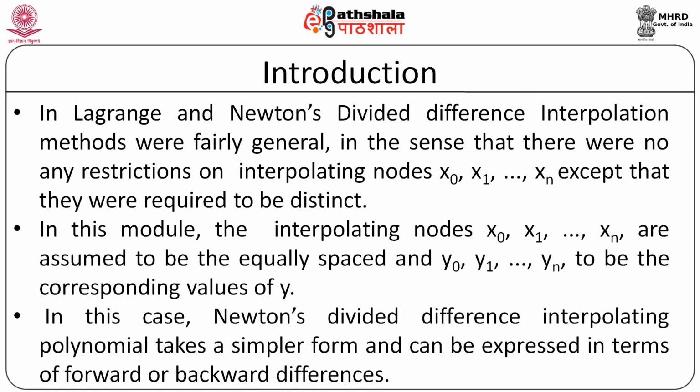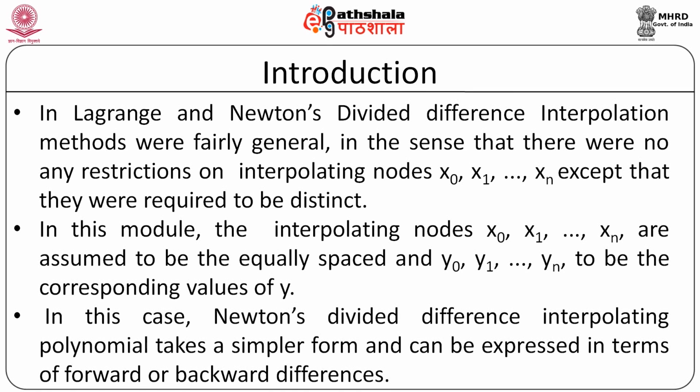As we have already seen, Lagrange's and Newton's divided difference interpolation methods were fairly general, in the sense that there were no restrictions on the interpolating nodes x0, x1, x2, x3, ..., xn, except that they were required to be distinct. In this module, the interpolating nodes x0, x1, x2, x3, ..., xn are assumed to be equally spaced, and y0, y1, y2, y3, ..., yn are the corresponding values of y.